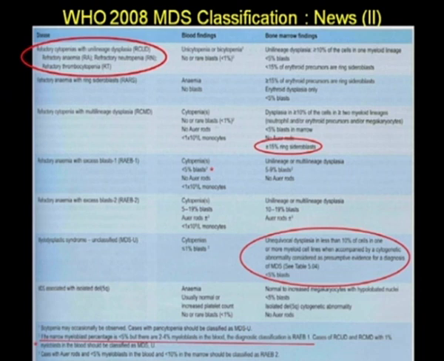In the context of the RAEB1, by definition, you should have less than 5% of blasts in peripheral blood.